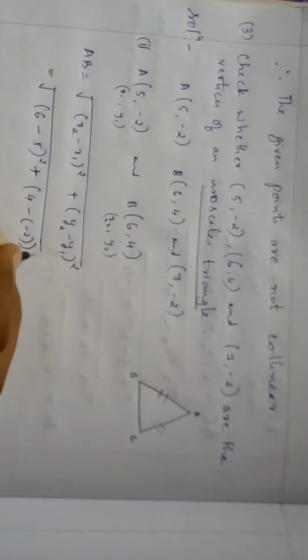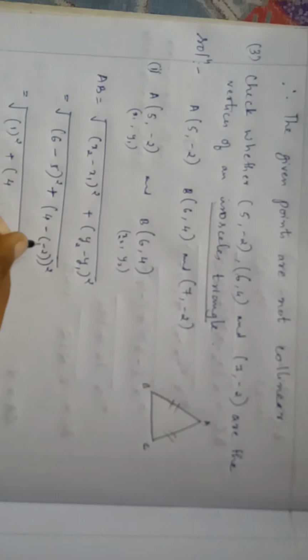Here x2 is 6 minus 5, plus y2 is 4 minus y1 which is minus 2. If a minus sign is there, write it in a small bracket so you don't get confused. Whole square.